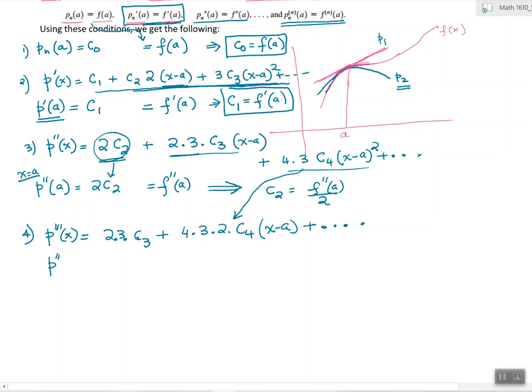Now at a, I'm only left with this. So this is 3 times 2 times c3. This is 0 and all the terms after that are 0. So this is supposed to be equal to the third derivative of f at a. So again, simple to find c3 from here. So what is c3? The third derivative of f at a divided by 3 times 2.